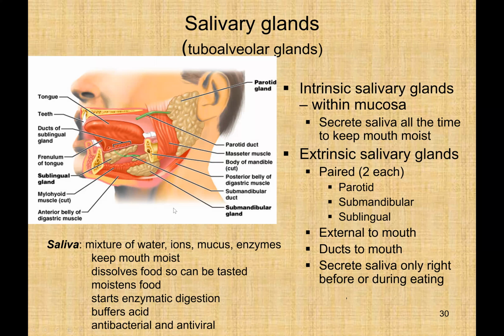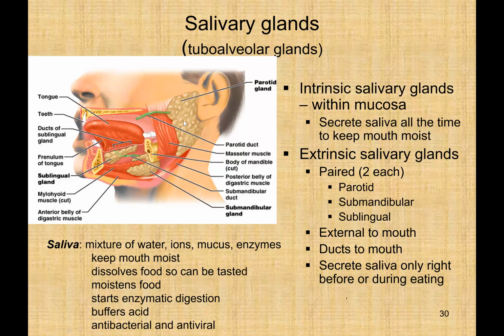Now, saliva is a mixture of water, ions, mucus, and enzymes that keep the mouth moist and also dissolve food substances in the mouth. This is just to show us the parotid gland. At times you eat something and you feel like this side near the ear is paining you. It means that your salivary gland is trying to secrete in reaction to that food and it doesn't like it.